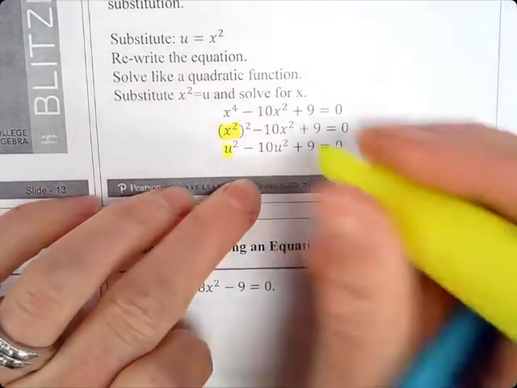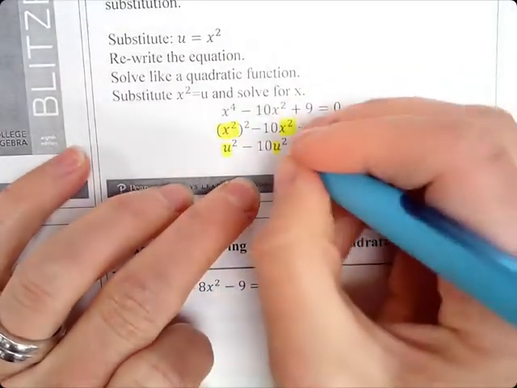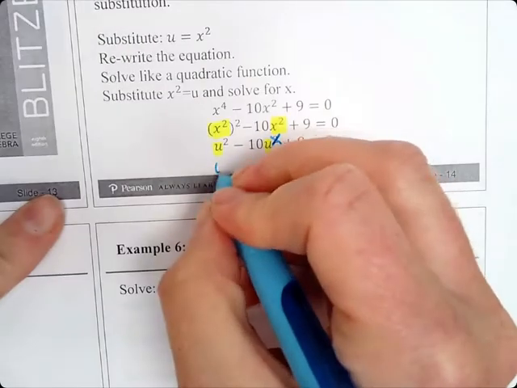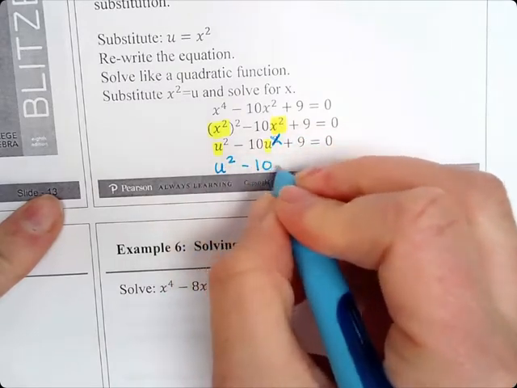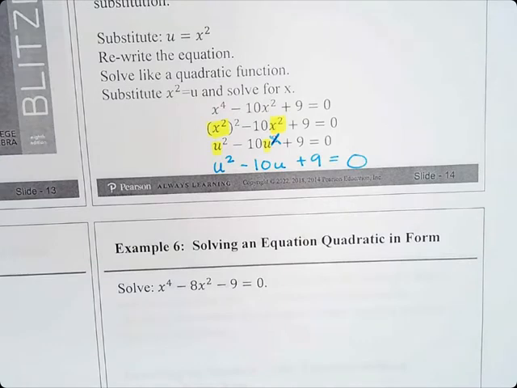And I made a mistake. This x squared with a u, so there should not be that squared there. That's a mistake. Sorry. So it should be u squared minus 10u plus 9 equals 0. I got carried away with my squareds.